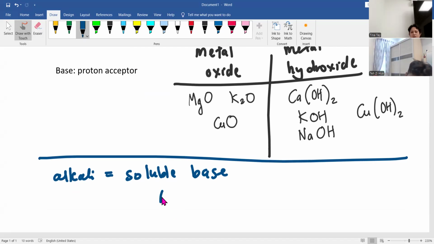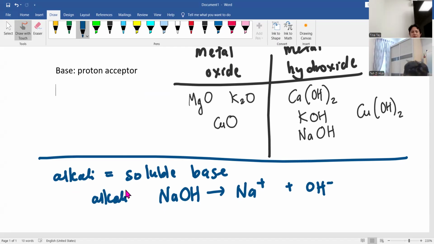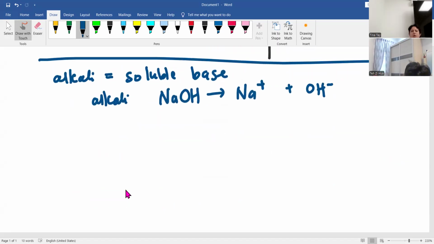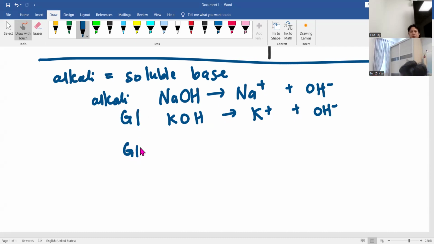For example, sodium hydroxide can dissolve in water, so it is an alkali. That's why group 1 is called alkali metals. All of group 1 and some of group 2, not all.